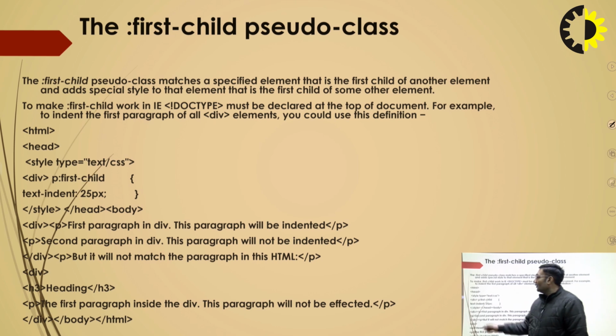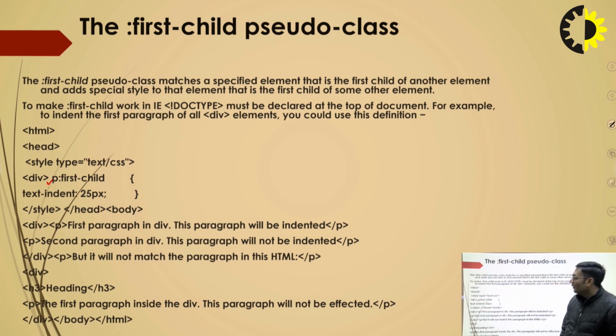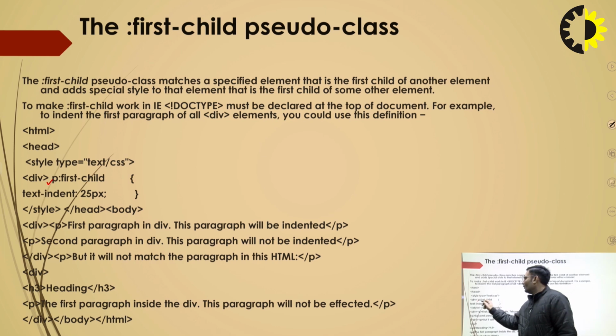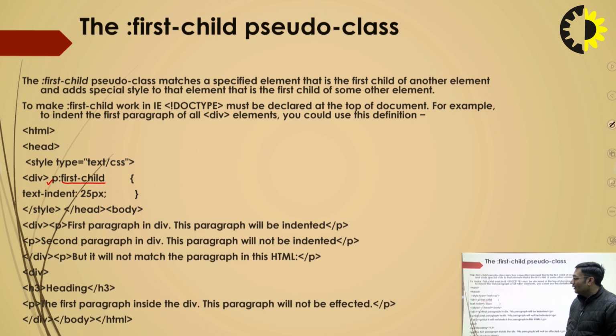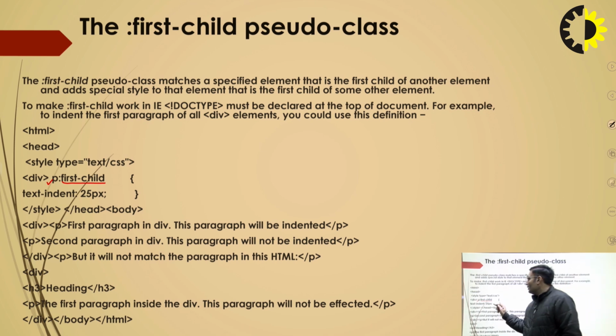Here in this example, I'm writing a selector like p, and I'm applying the first child of this paragraph p, which will be changed based on the property inside the curly braces.